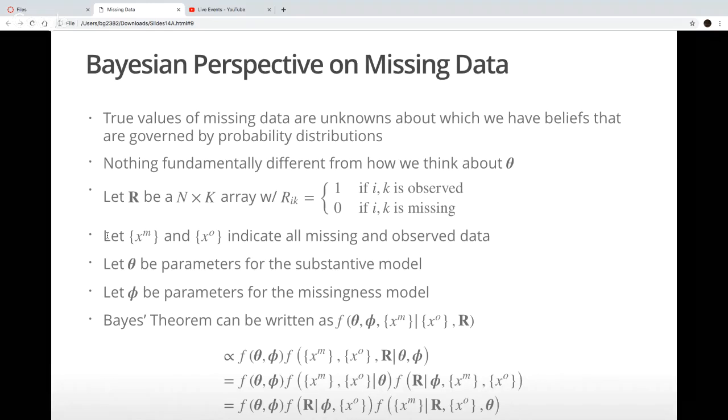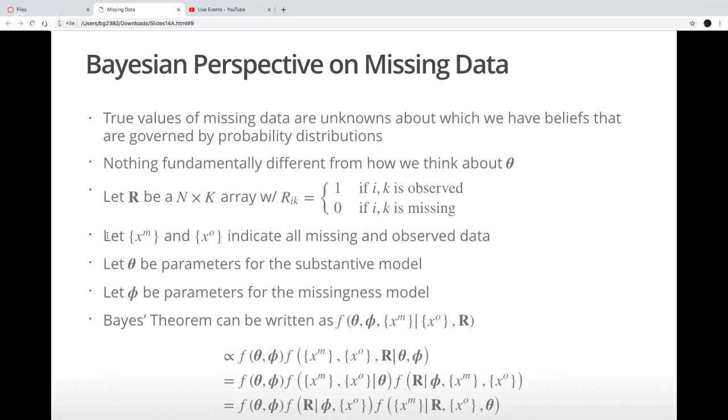And then we can define a collection of random variables, xm and xo. They're not indicators, but basically xo is all the observed data, and xm is all the data that you intended to observe, but is actually missing when you get down to it.